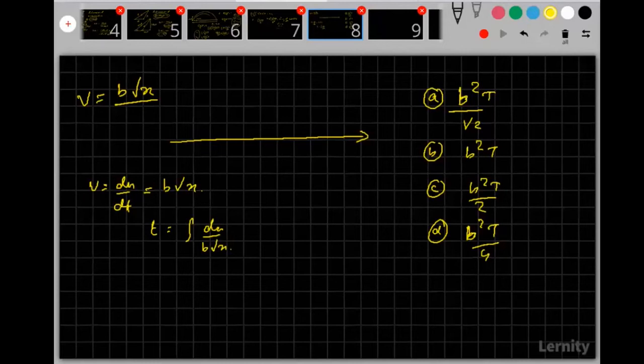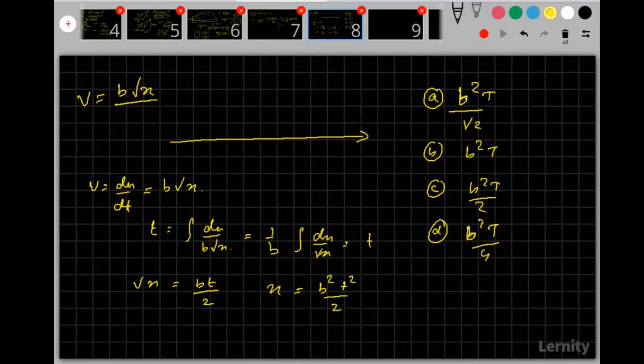When you work this out, you will get 1 by b integral dx by root x is equal to t. So you will get root x is equal to bt by 2. So from there you will get x is equal to b squared t squared by 4.